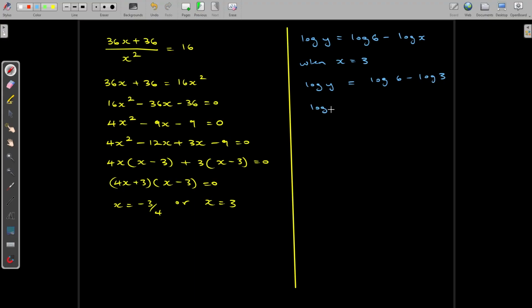So log y is equal to log 6 over 3, and log y is equal to log 2. So if log base 10 of y is equal to log base 10 of 2, that means y is equal to 2. So that's one of the solutions. Y is equal to 2.